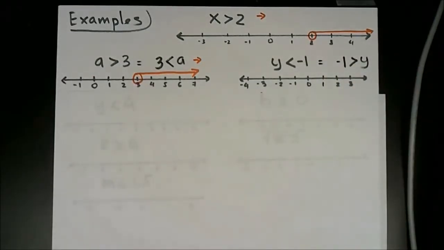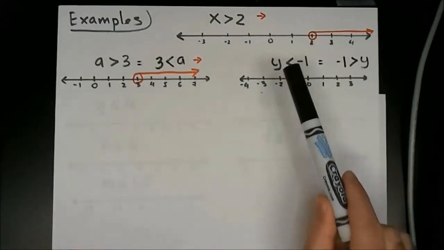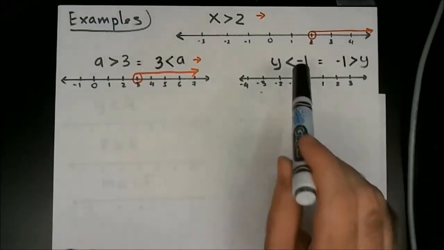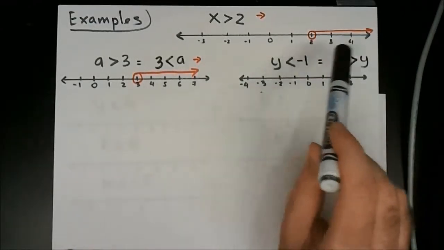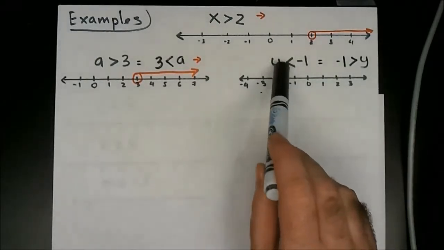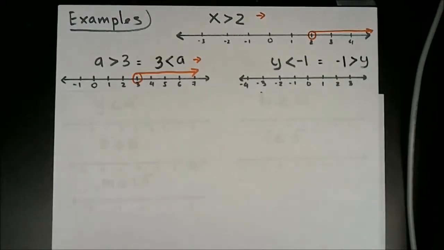The important part is which part of the variable faces the alligator symbol. Y faces the smaller part of the alligator symbol, the pointy part. They're the same. Don't get confused by this. This is not an arrow. It doesn't tell you which direction to point your inequality. That is told by which part of the variable interacts with the alligator symbol, nothing else.